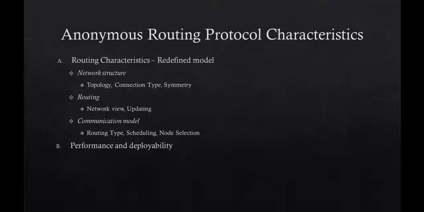The network structure, which has the underlying network topology, characteristics of anonymous relays, and the connections between them. The routing information has the route of an anonymous connection, and the third part, the communication model, describes the entities that make the routing decisions and how these decisions are made.